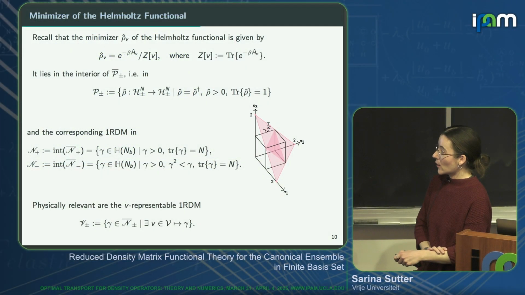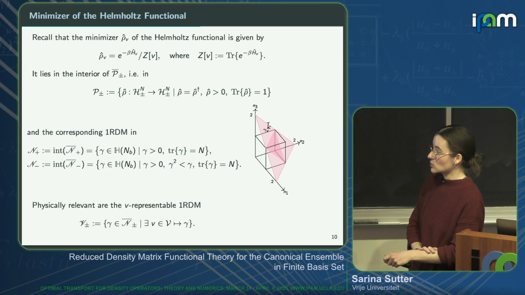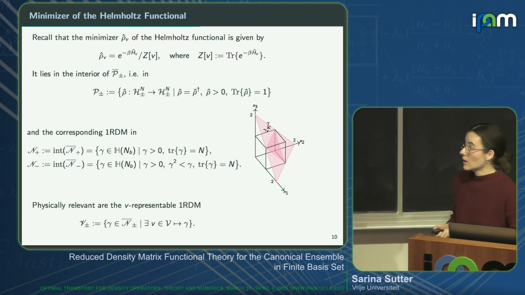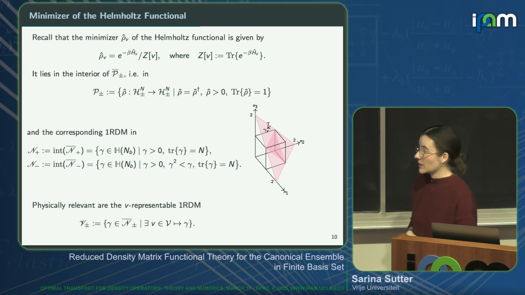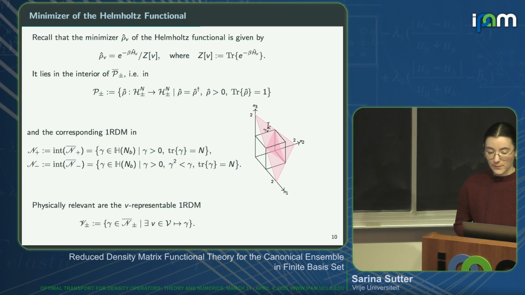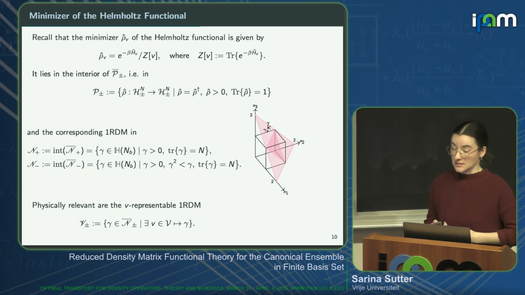And now we already know that this set is for sure a subset of this set here, because the 1-RDM of the Gibbs state will lie inside here, and of course this is the set of all possible Gibbs states. But we don't know yet if these sets are the same. So we just know that it's a subset.